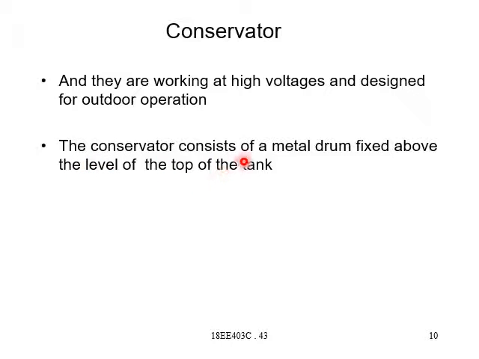The conservator consists of a metal drum fixed above the level of the top of the tank. Here he is describing the location of the conservator: a metal drum type of structure fixed above the level of the top of the tank.